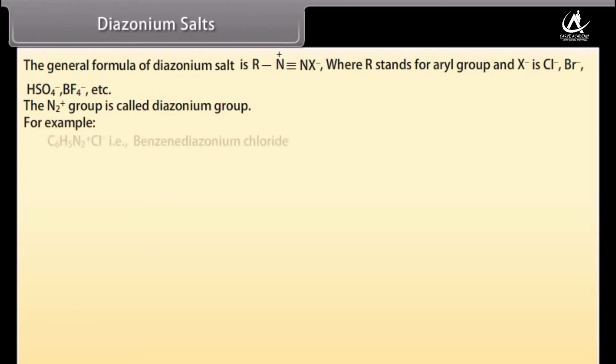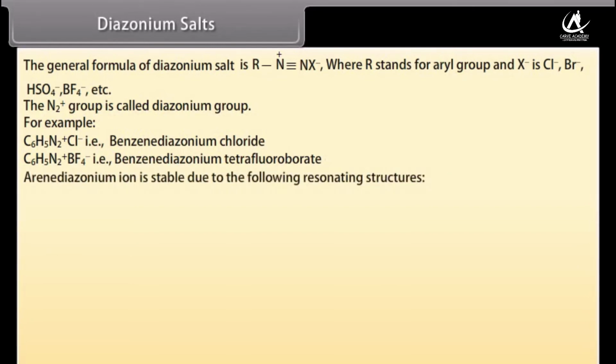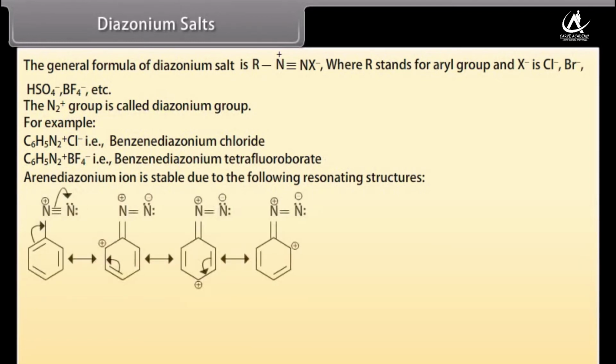For example, C6H5N2+ Cl-, that is benzene diazonium chloride, and C6H5N2+ BF4-, that is benzene diazonium tetrafluoroborate. Arene diazonium ion is stable due to the following resonating structures.